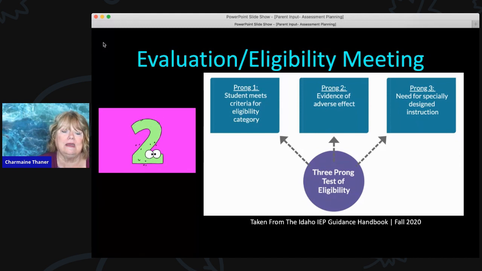Does it make it difficult for them to access the general ed curriculum and make progress in that general ed curriculum? If the answer is yes for that, then you move on to the third and final question. So your child has a disability, it impacts their education. Now, can we say yes, that they need specially designed instruction? And if the team answers yes to that question, then your child is declared eligible for special education services.